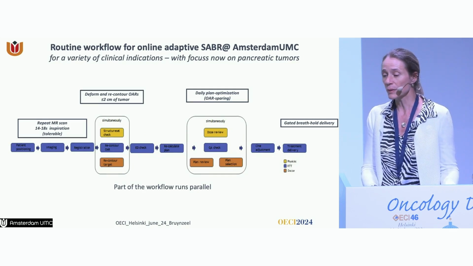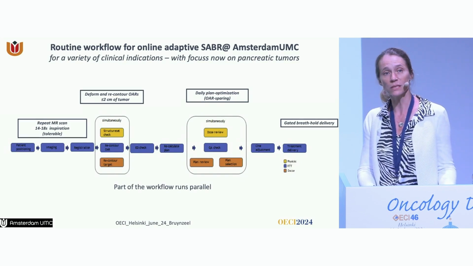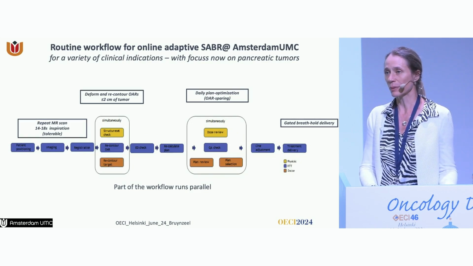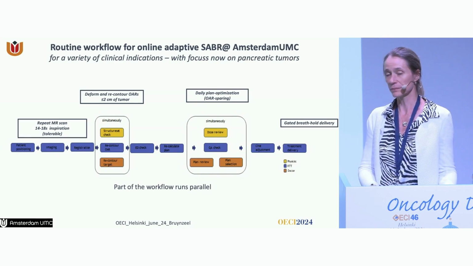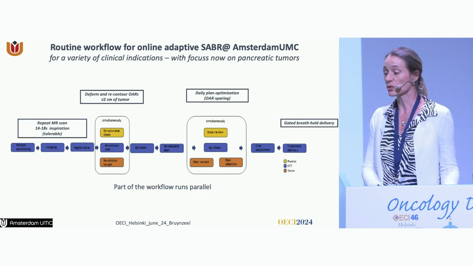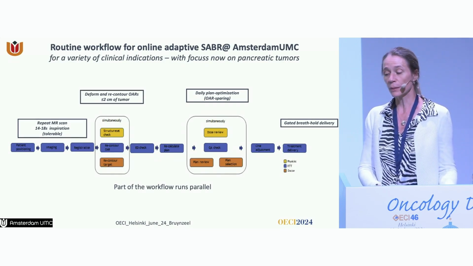The next step is to deform and recontour the organs at risk within 2 centimeters of the PTV. And after calculation of the baseline plan on the new anatomy, all fractions are re-optimized. After a fast QA, treatment is delivered using gated breath hold delivery. And as you can see in this figure, part of the workflow runs parallel.